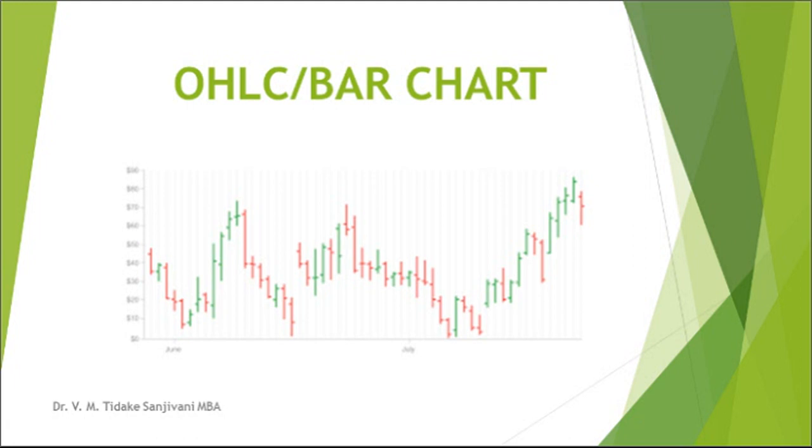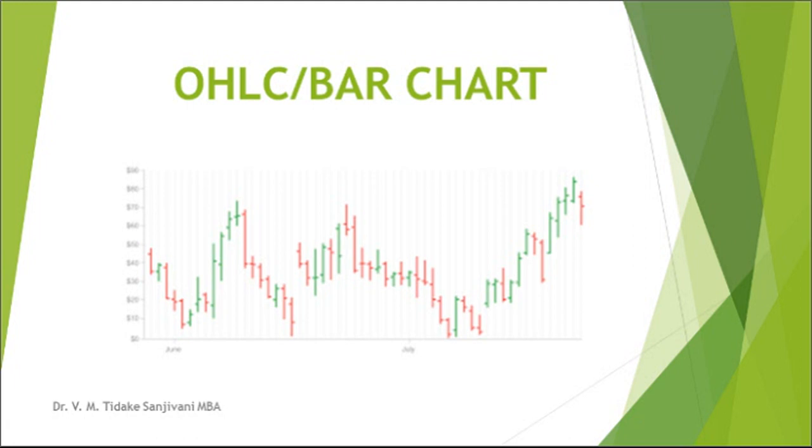Rest is same, that is, if the bar is greenish, it means it is a bullish day, that is, prices were moving up, and if it is red, then prices were bearish, that is, they were decreasing. Everything else is same.